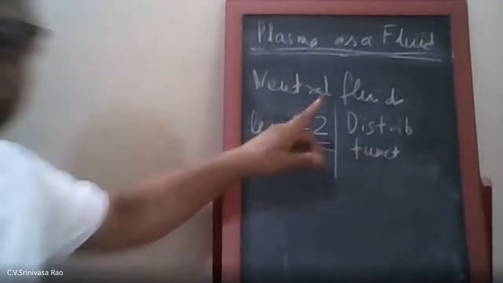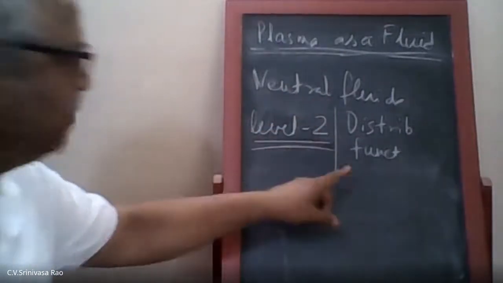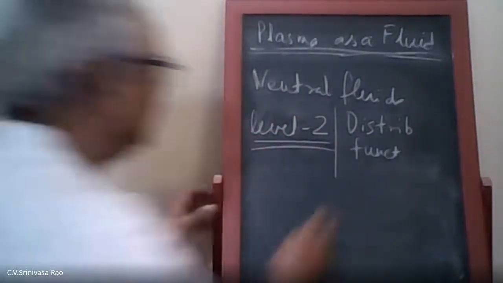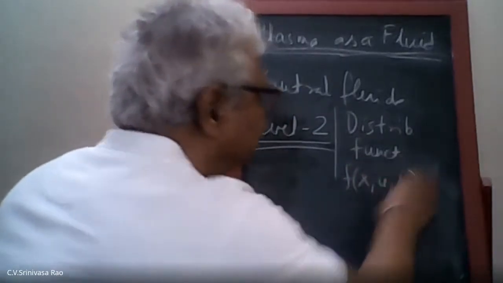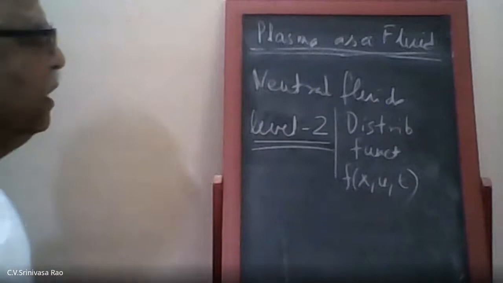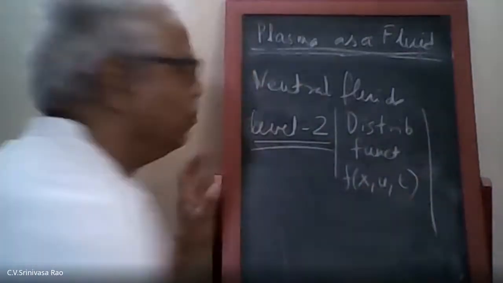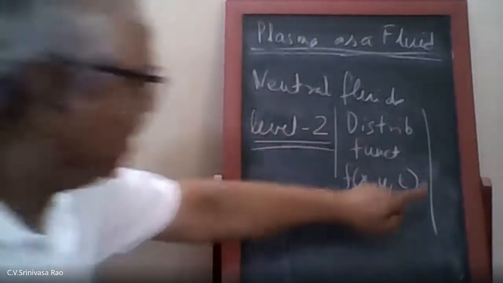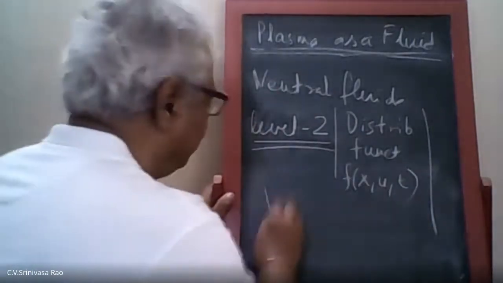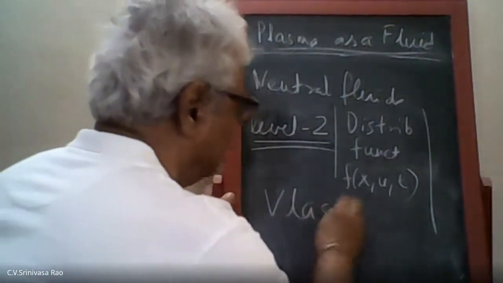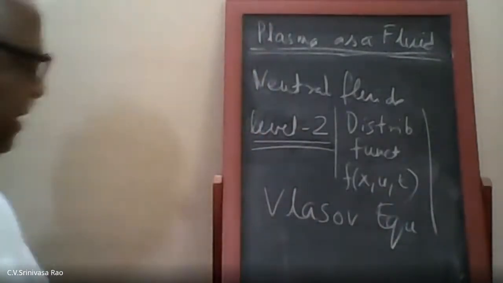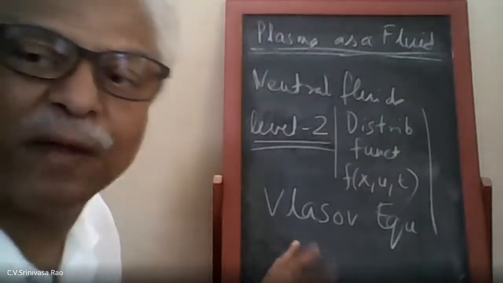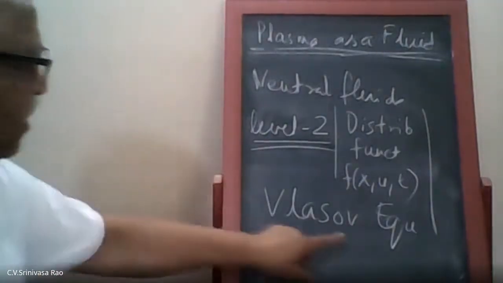In the earlier case also it was a distribution function, but here you will have same f of x, u, and t. Okay, and instead of Boltzmann's equation there, you will have Vlasov's equation. Is it visible now? Yes, sir.